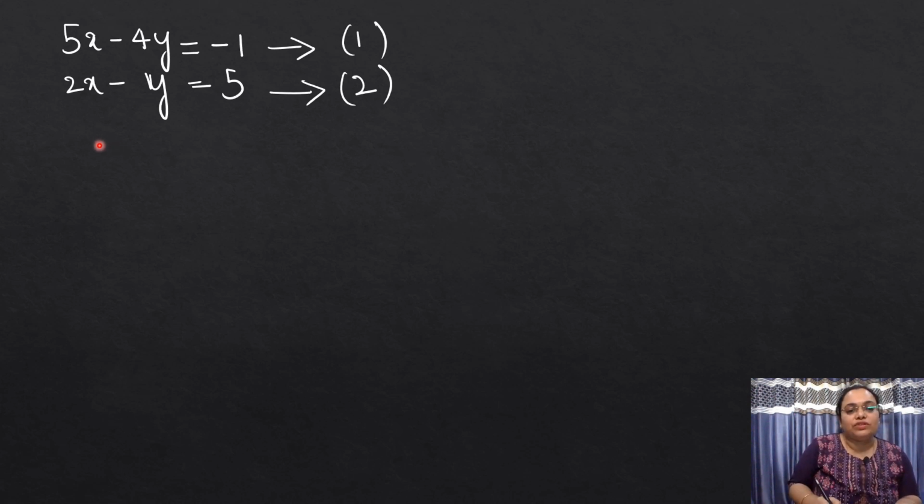Here we will try to eliminate the x variable. To eliminate the x variable, we will make the coefficients of the x variable equal. To do that, we will multiply equation 1 with 2 and equation 2 with 5.